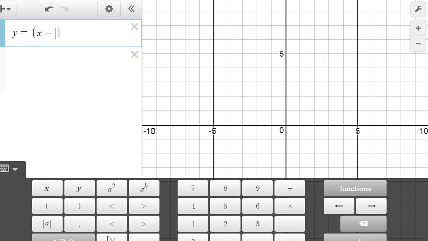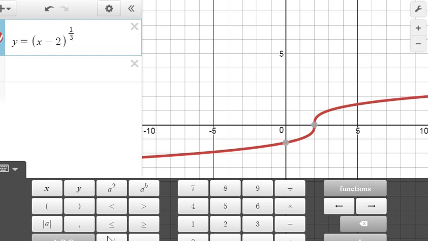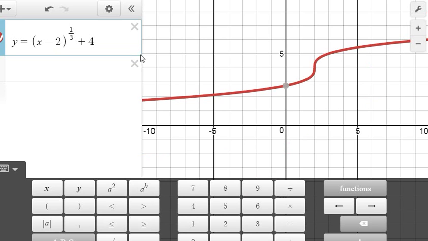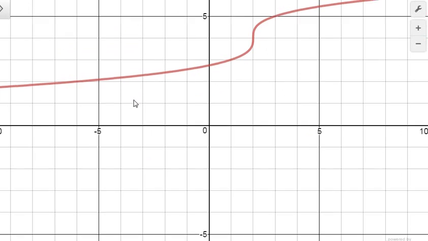Now I'm going to write the cube root as something raised to the 1/3 power. And then let's add 4 to it, just to move it away from the axes.